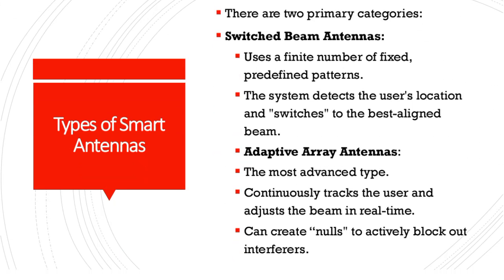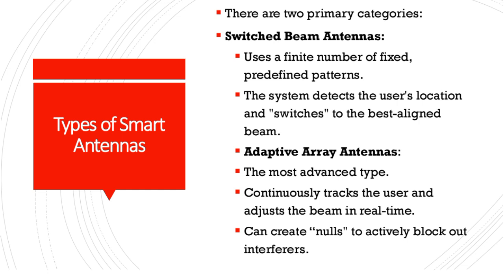And the next thing, we are going to discuss the types of smart antennas. There are two primary categories: switched beam antennas and adaptive array antennas. The first category uses a finite number of fixed and predefined patterns.